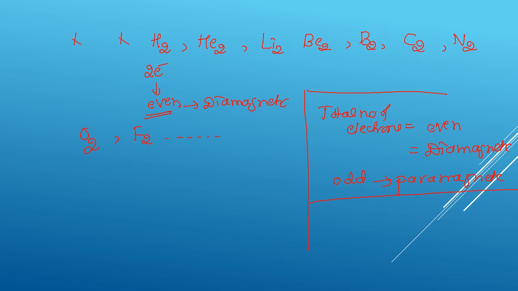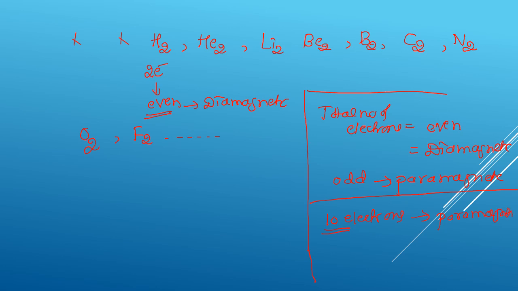One exception: if you get a total number of electrons equal to 10, then instead of diamagnetic, as we expect since 10 is an even number, this is an exception. Even though it is an even number, the molecule is paramagnetic.